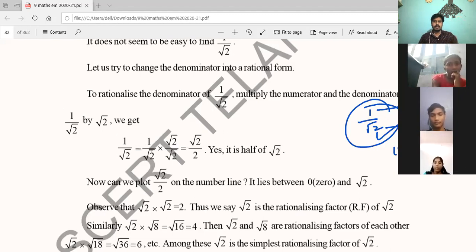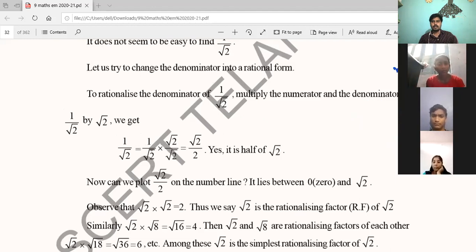Okay. So the numerator is a rational number, the denominator is an irrational number. Dividing a rational number by an irrational number is a tough task, whereas dividing an irrational number by a rational number is very simple. Rational number by irrational is tough.